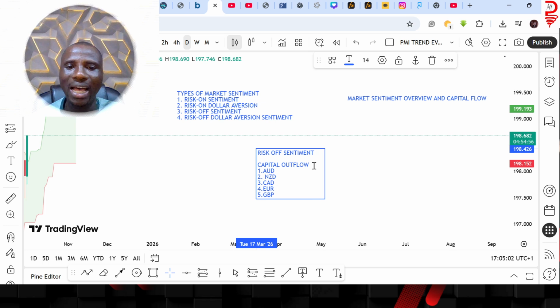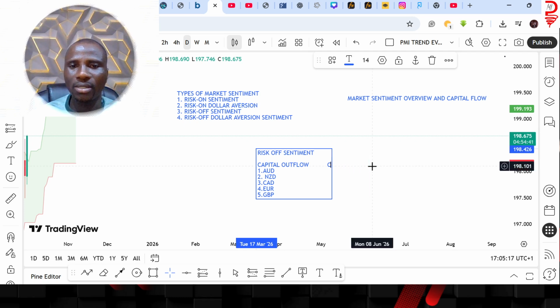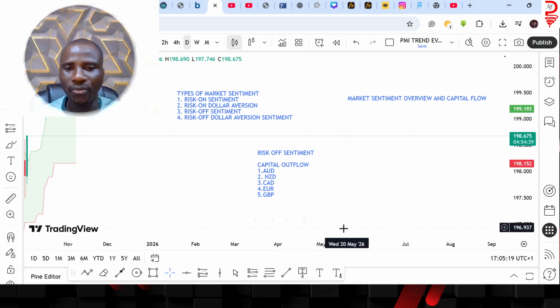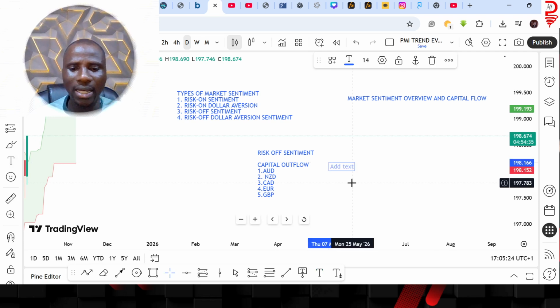And of course, the other is the one that will experience an inflow. These are what we call the safe haven. Like I said, when there is risk, this is outflow. Now for inflow, so that we really get it, capital inflow during risk off.